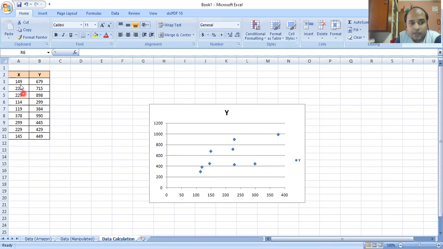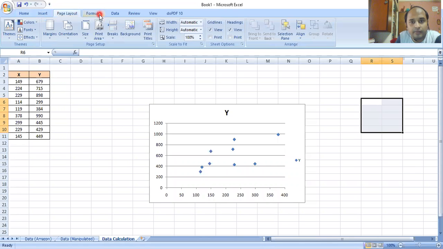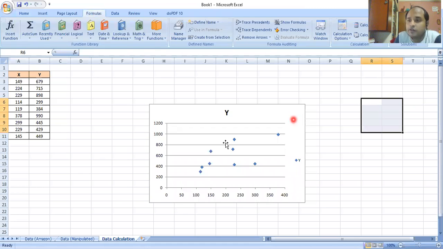With respect to each of these points, I am showing you the behavior of capital Y with respect to capital X. So you have got your scatter points.